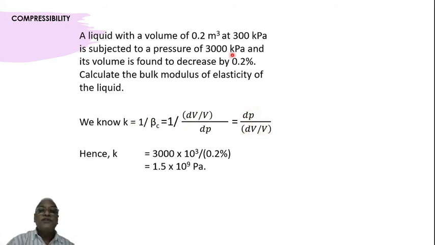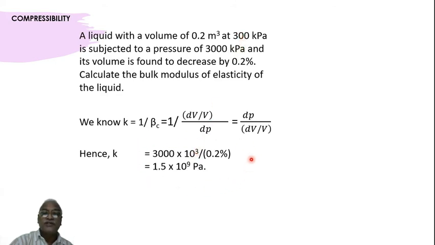Notice the pressure change. Earlier value is 300 kilopascals. It is subjected to an extra pressure, that is dP, that is 3000 kilopascals. Kilo is 10 raised to 3, pascal is Newton per meter square.